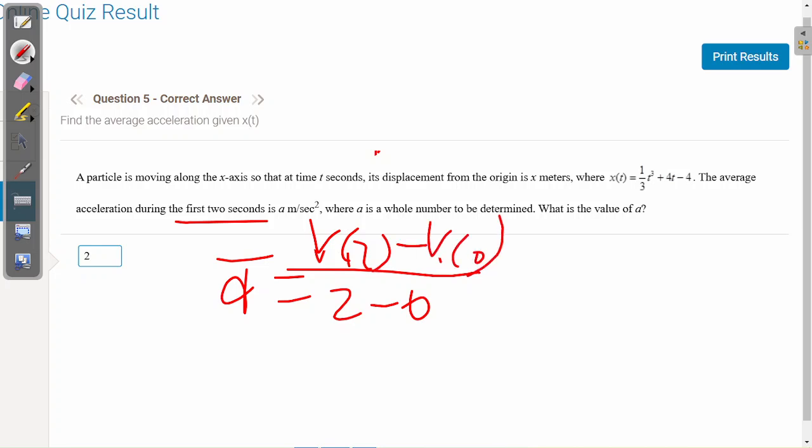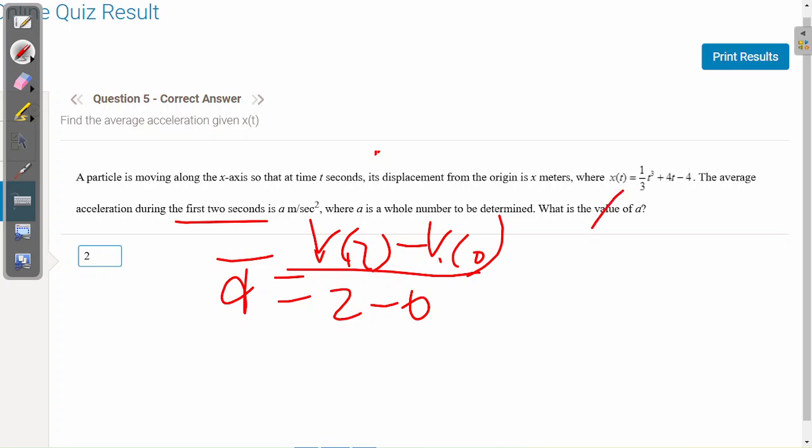They give us the x(t) equation, so we can derive it to find v(t) and then substitute to get each value and do the average acceleration.